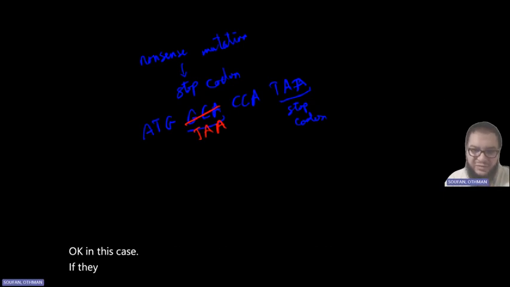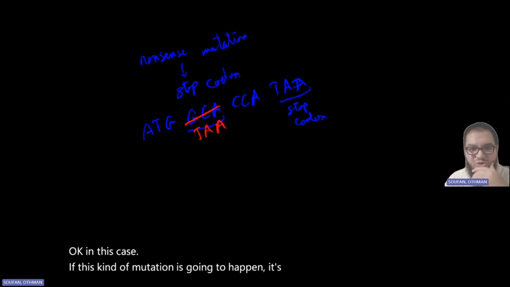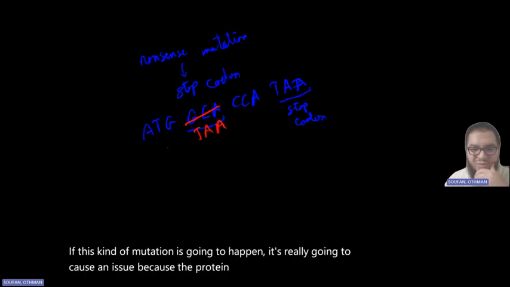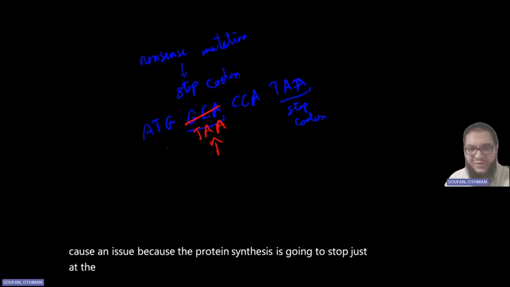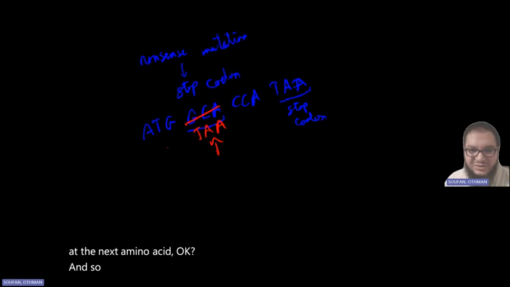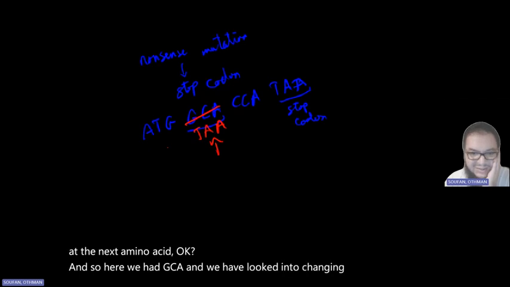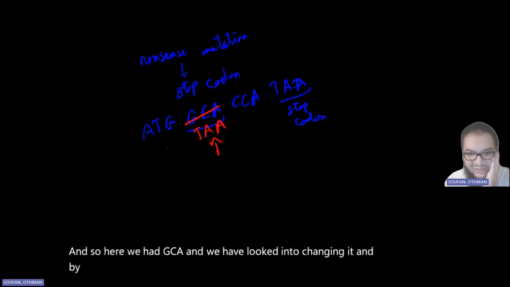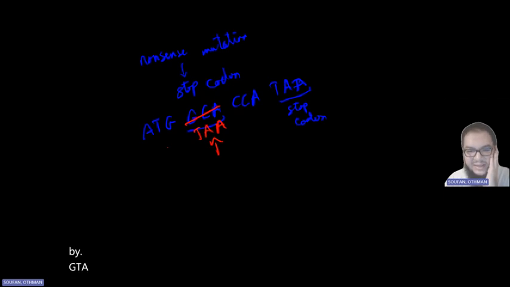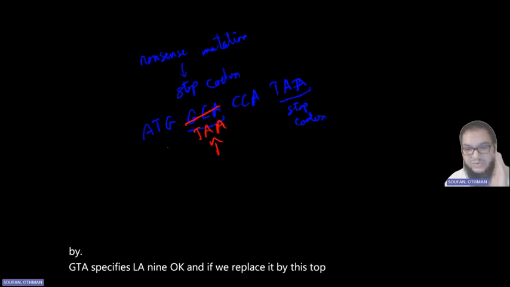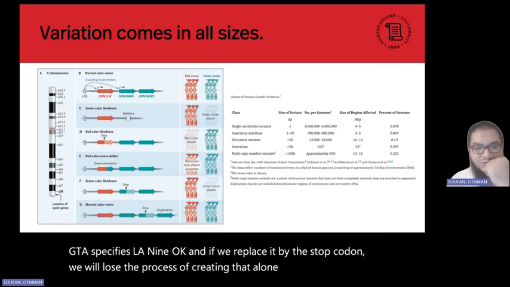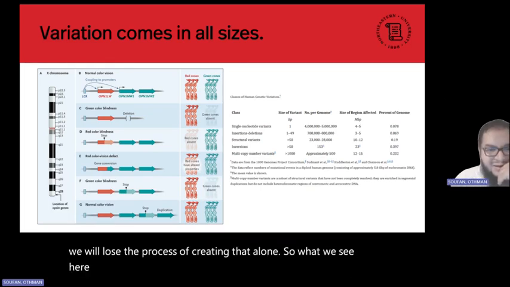If this kind of mutation happens, it's really going to cause an issue because the protein synthesis is going to stop at the next amino acid. GCA specifies alanine, and if we replace it with this stop codon, we will lose the process of creating that alanine.